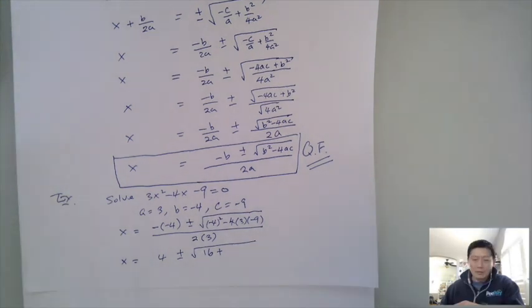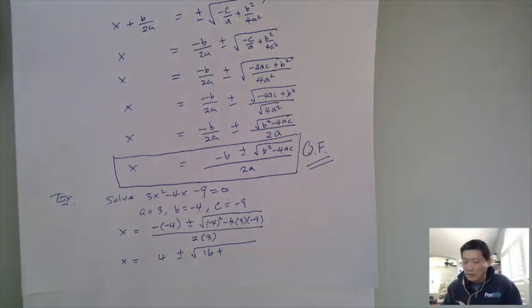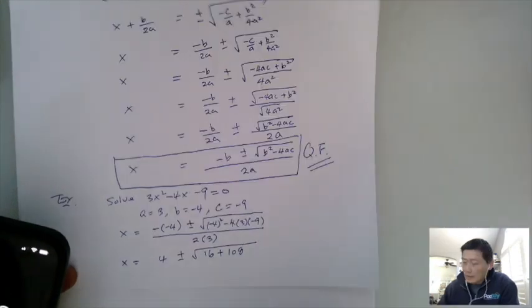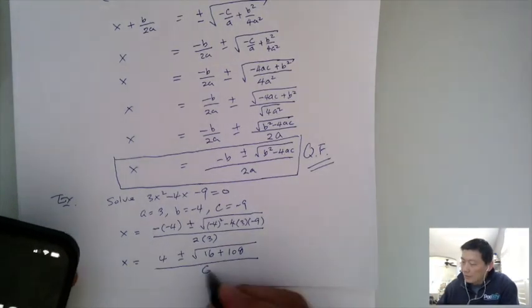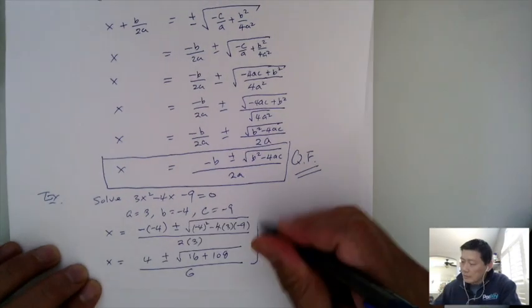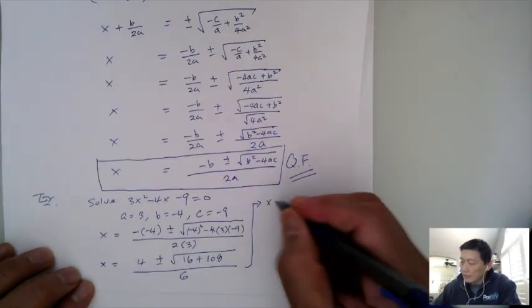Let me just quickly calculate that value. So we got 4 times 3 times 9, you get 108, divided by 6. Bring over here, x is equal to.